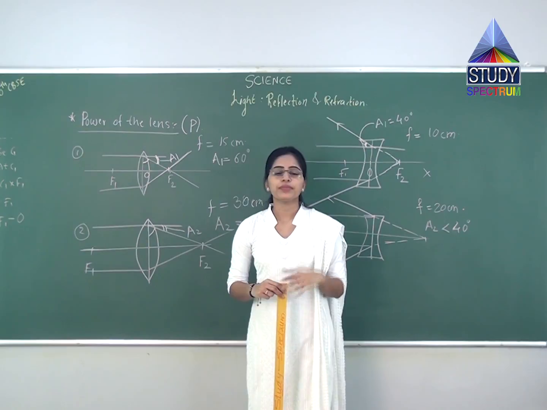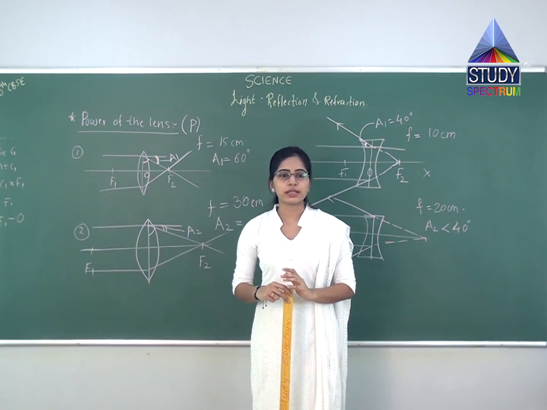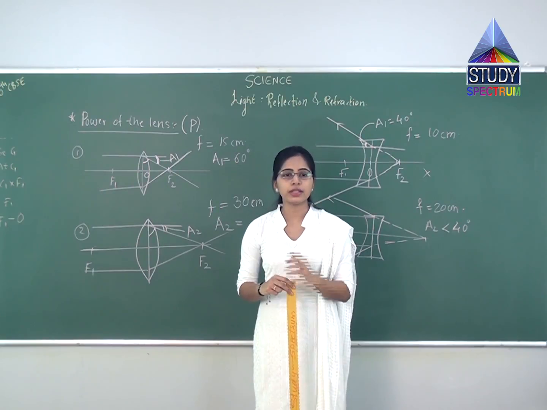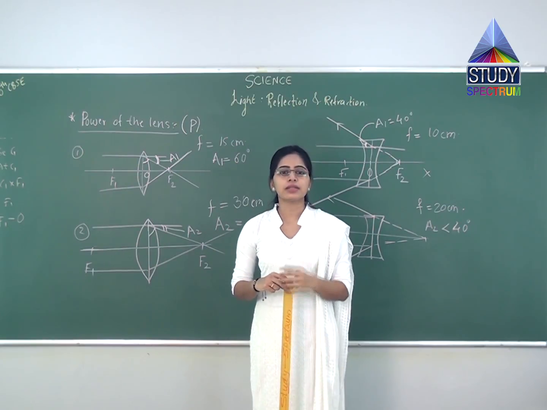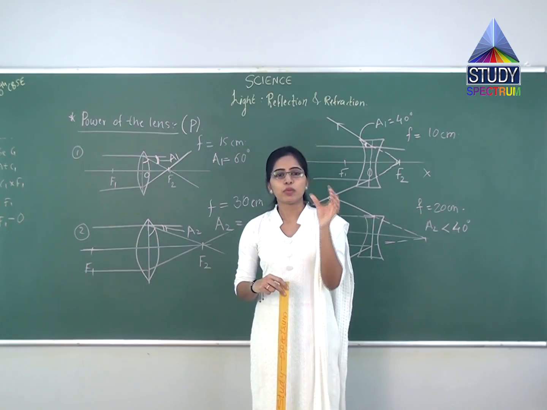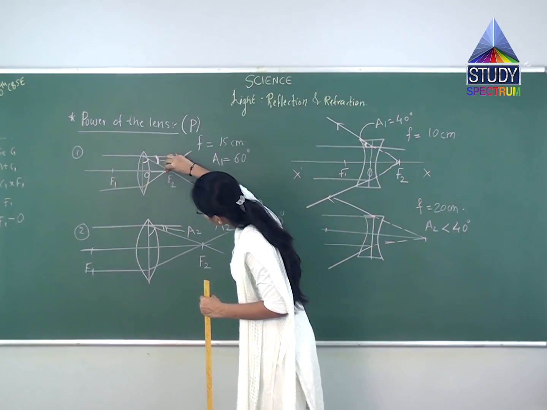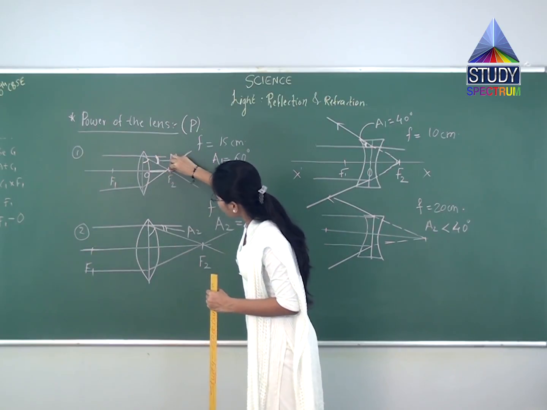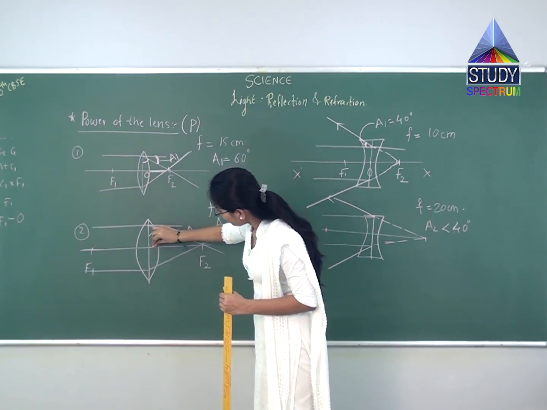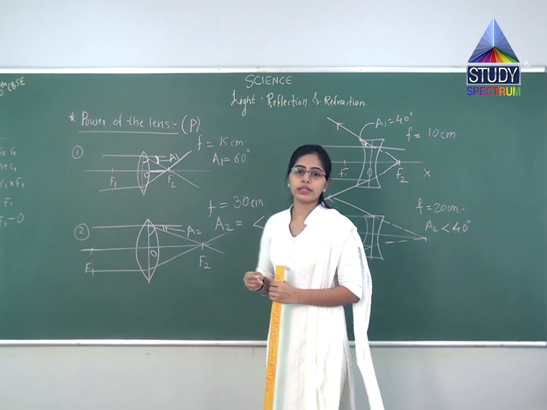So here I am saying the sentence again. For a convex lens of short focal length, light bends through large angles by focusing closer to the optical center. You can see here the focus is closer, and here from the origin the focus is at a longer distance.